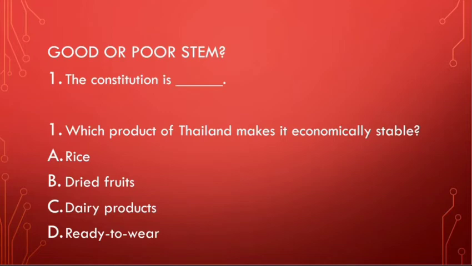So what's wrong with the stem? The stem is poorly constructed because it's some sort of subjective, I think. All of these products perhaps could contribute to a stable economy of Thailand. But if you ask which product of Thailand contributes the most to make its economy stable, then that would be a better question, because you have to choose the best answer based on facts, perhaps based on revenue, based on profit.